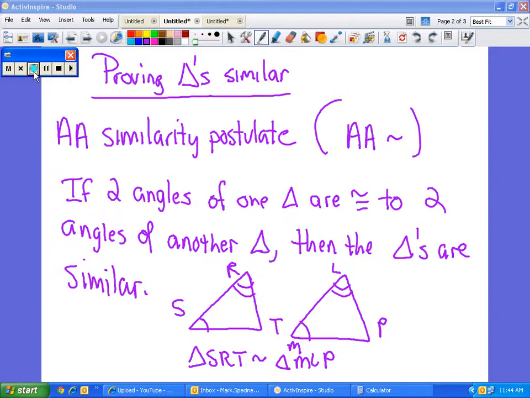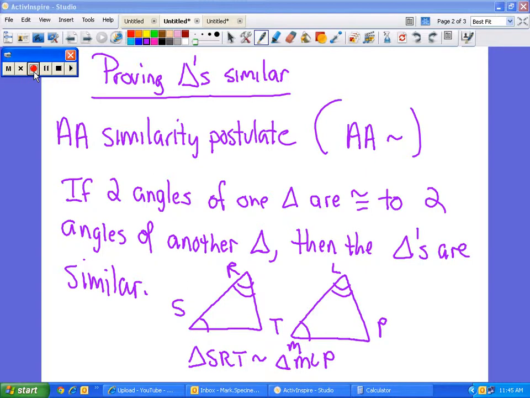If you were absent yesterday, this would be an excellent opportunity to catch up by jotting down the postulate, or you will find it in the book on page 474 and the two theorems on page 475. The angle-angle similarity postulate says that if you have two angles on one triangle that are congruent to two angles on the other triangle, then the triangles are similar.